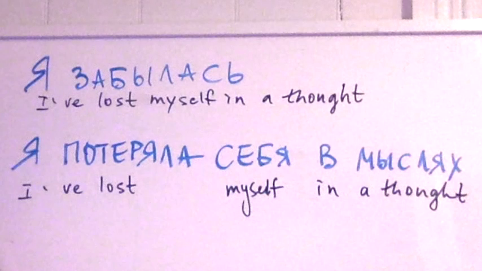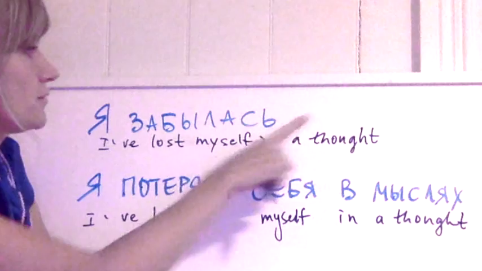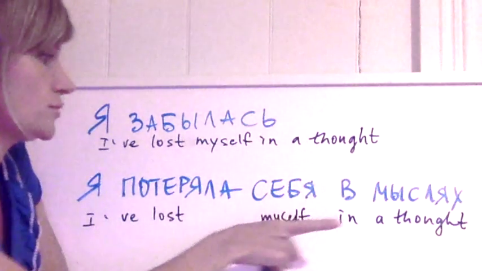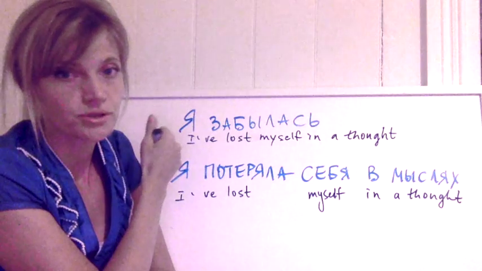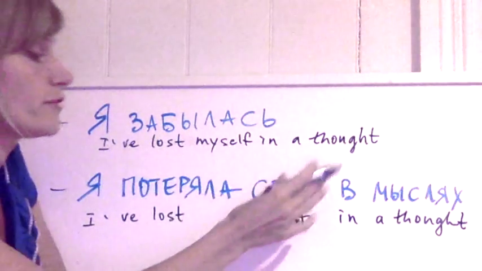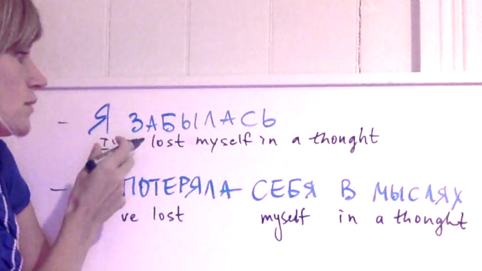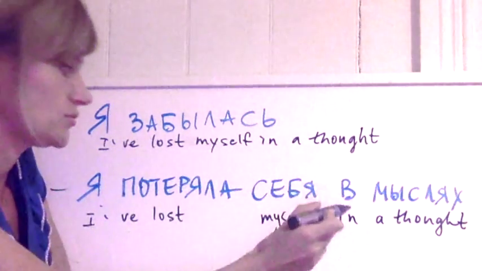Okay, let's take a look at English translation. I've lost myself in a thought. Okay, in Russian there is several options to say that. Я забылась, я потеряла себя в мыслях. The second one is a literal translation.